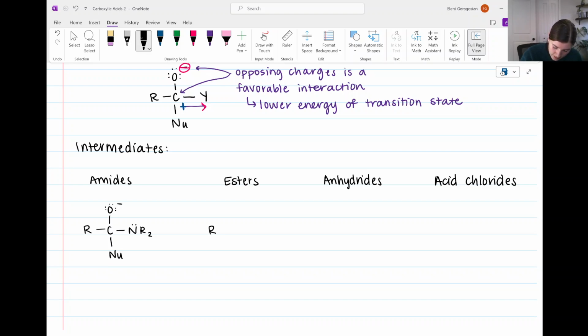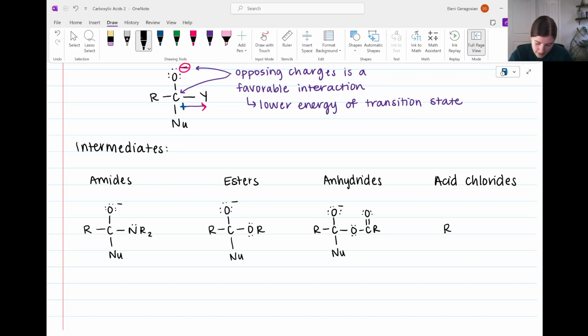For an ester, it's an oxygen. For an anhydride, it's the oxygen plus a carbonyl. And for an acid chloride, that is, forgot the nucleophile here. For the acid chloride, that is a chlorine.